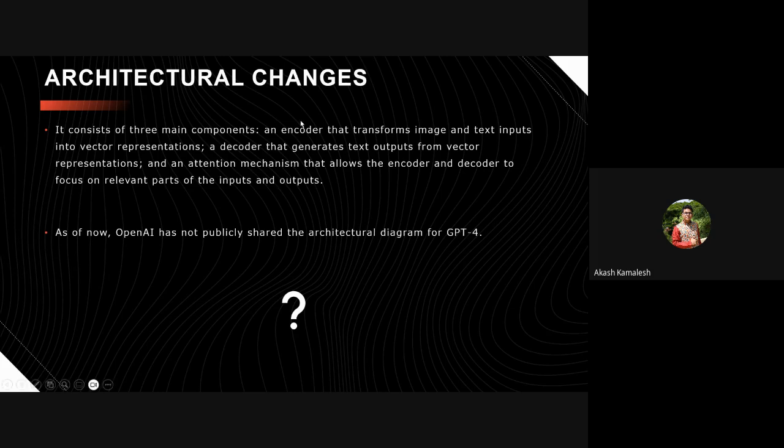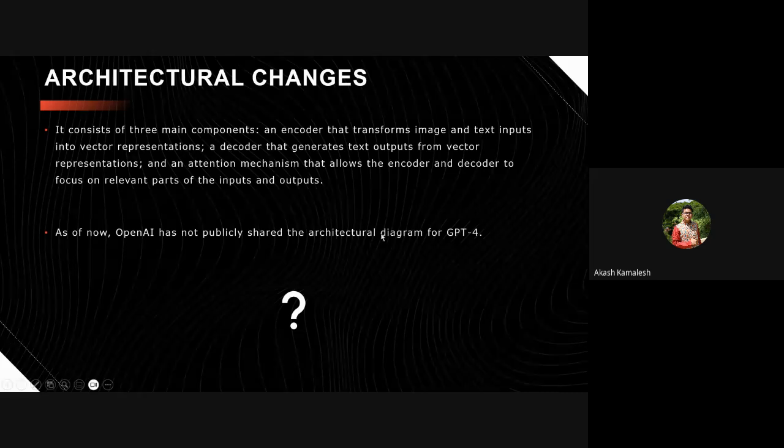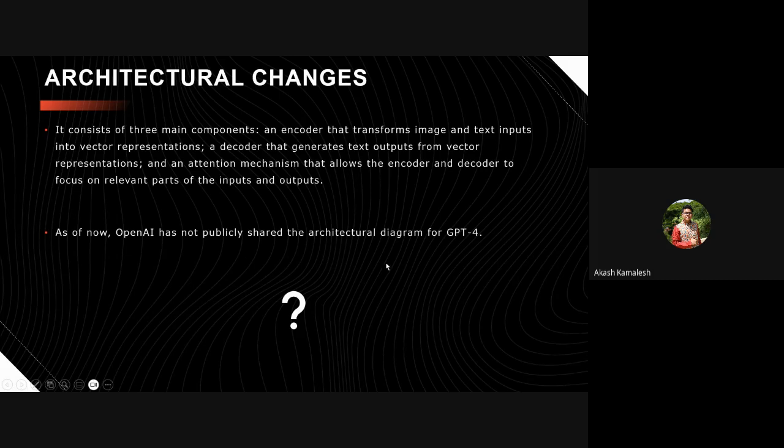But the additional input here is an encoder which transforms the image and the text input into vector representations, those are your embedding vectors, and the decoder from there generates the outputs. OpenAI has not publicly shared the architectural diagram, which is why we are still making estimations as to how it is running in the background.